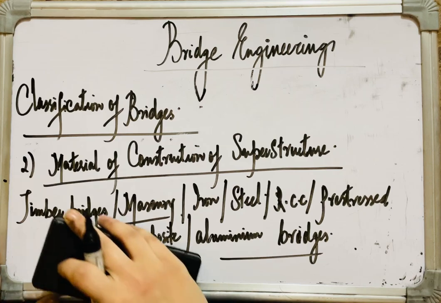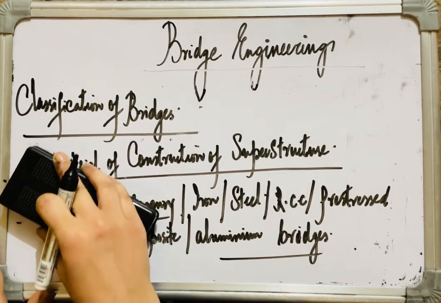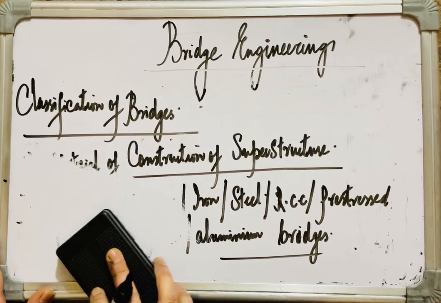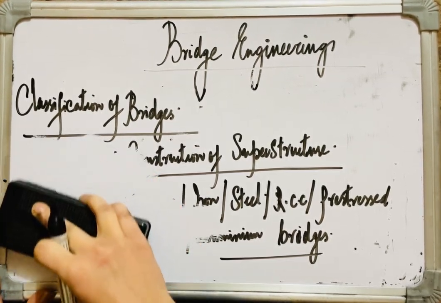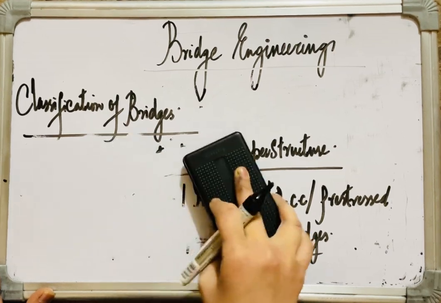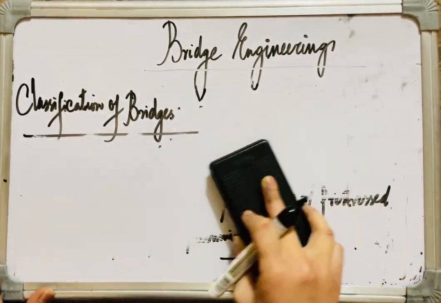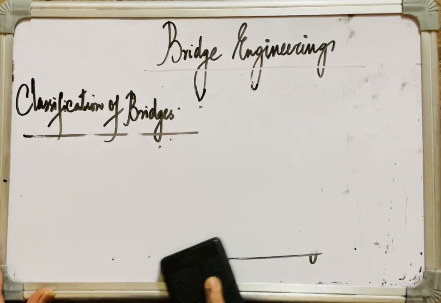All right, next one is the classification according to the form or type of superstructure that we were discussing during all the lectures that were held previously and in this lecture as well.